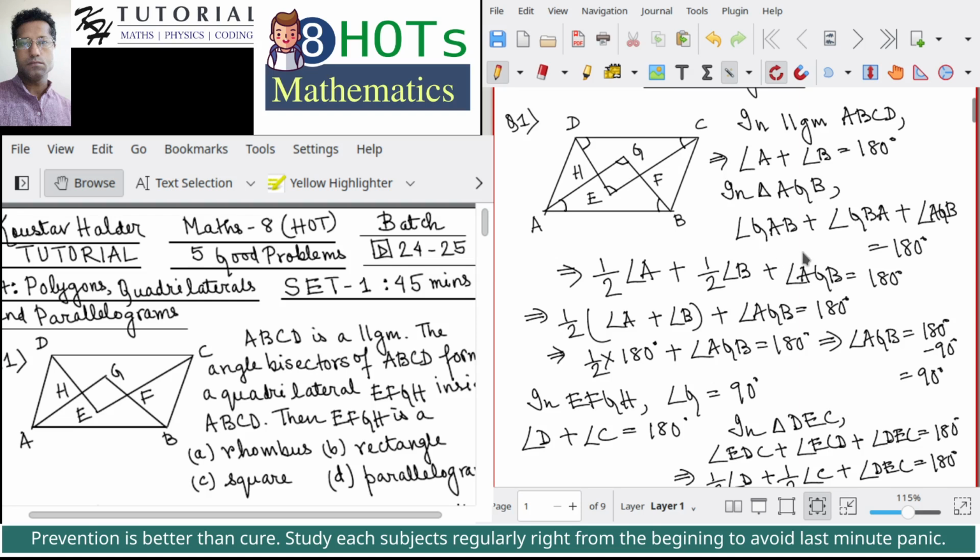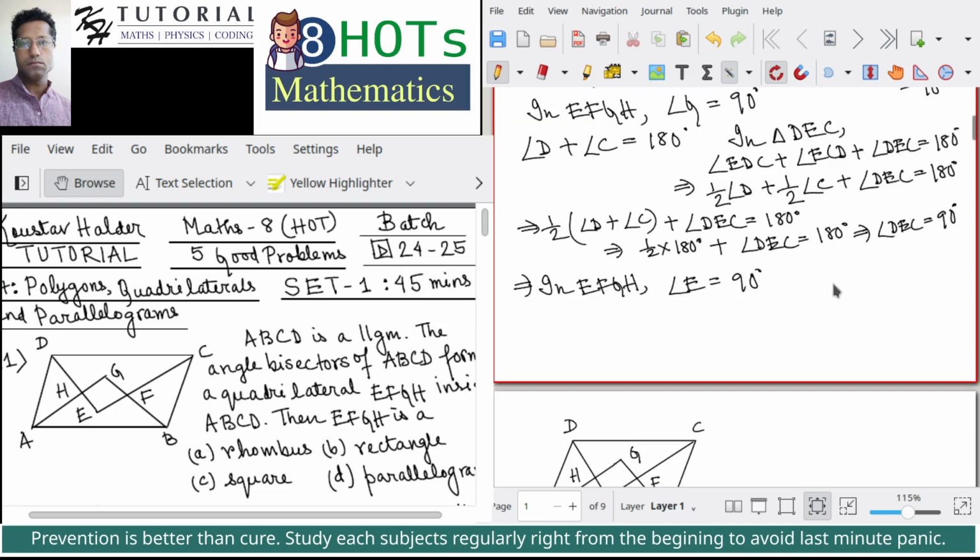So we are basically using the fact that the inside quadrilateral EFGH is formed by the angle bisectors of the parallelogram.